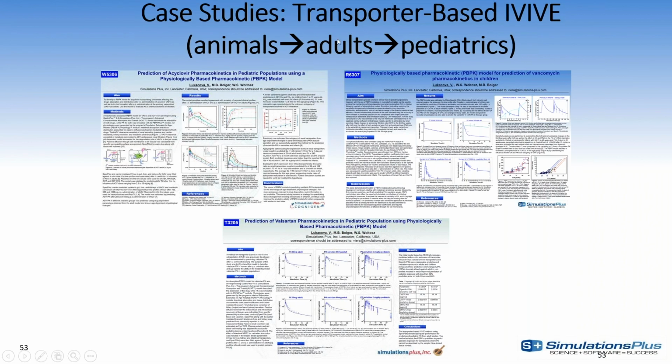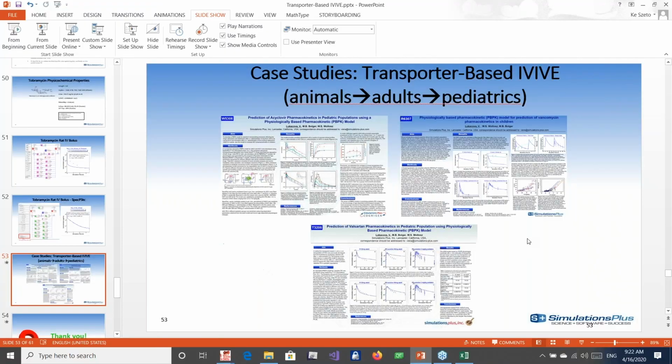As I mentioned before, when you're moving from adults to pediatrics, there might be some uncertainties you want to sort out further, such as the ontogeny of the transporters, which might not be available in pediatrics. So you might need to look up more information to be able to predict the pediatric population accurately. But those are summarized in these posters, and you can take a look later after the webinar.